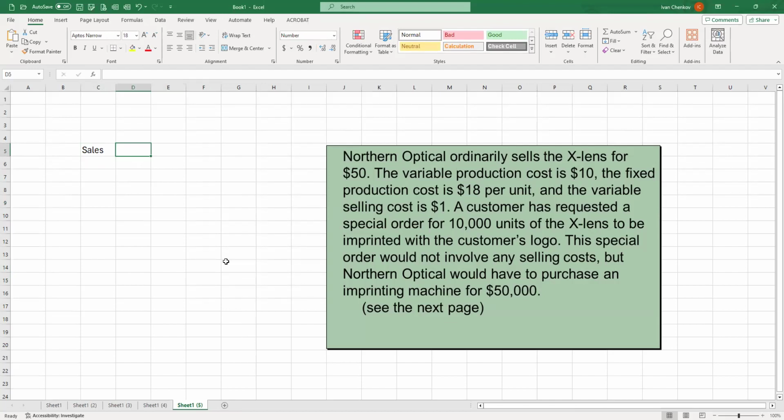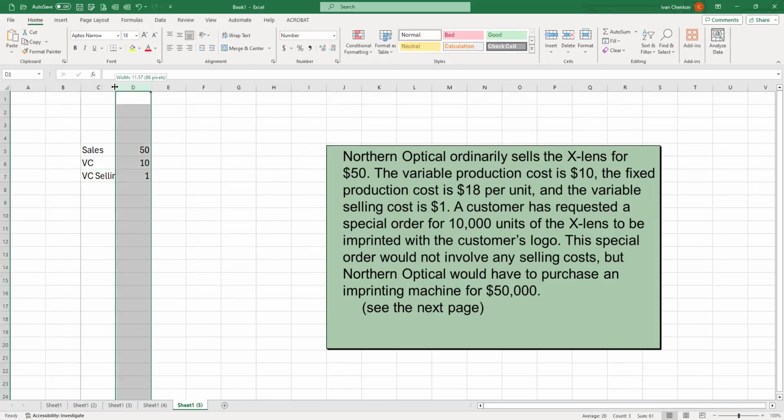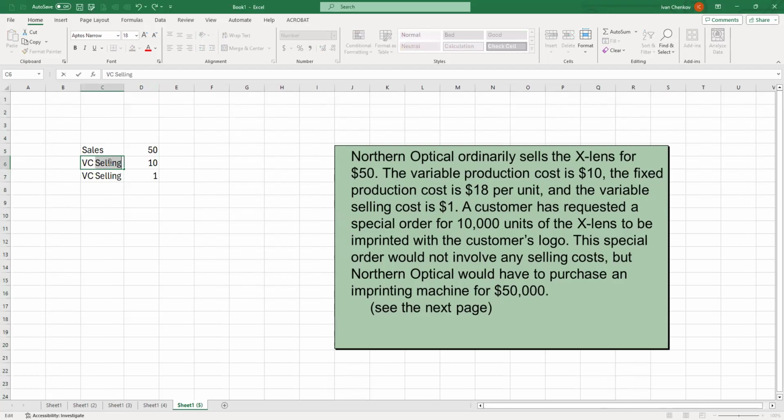We know that we normally sell this product for $50, correct? We also know that our variable cost is $10. And we have another variable cost, a variable selling cost, of $1. The first one is variable product cost of $10, and the second one is variable selling cost.